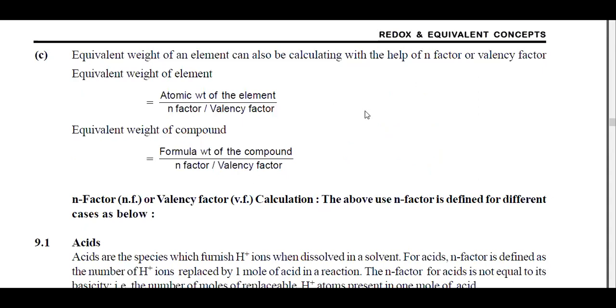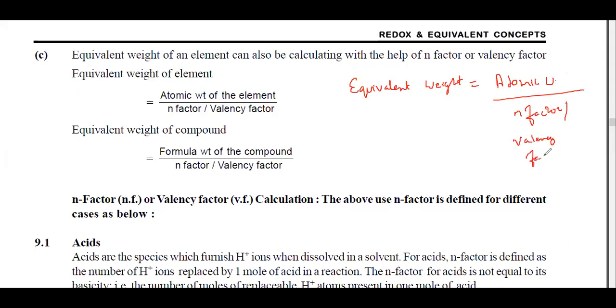Now, when you talk about equivalent weight, basically it is your atomic weight divided by something called the n factor, or valency factor.